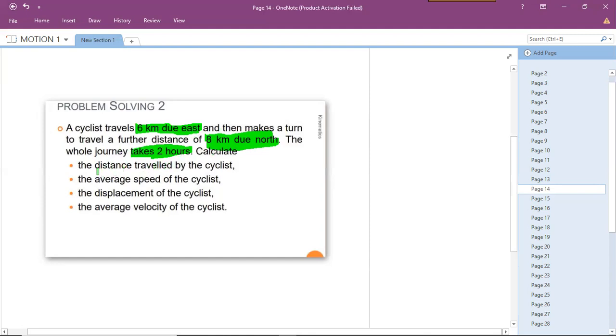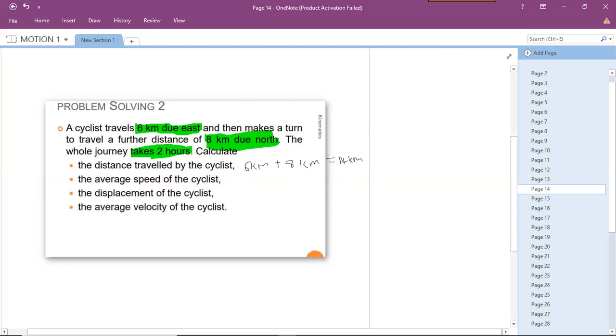Question 1: calculate the distance traveled by the cyclist. Remember, for distance we're just adding. We don't care about the direction that this cyclist took. So the distance will just be 6 kilometers plus 8 kilometers, which is 14 kilometers.